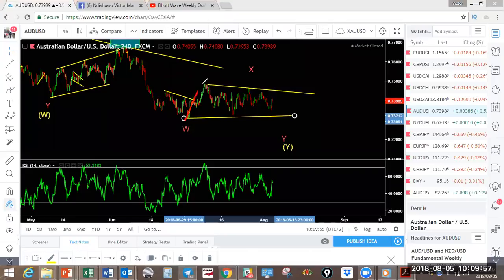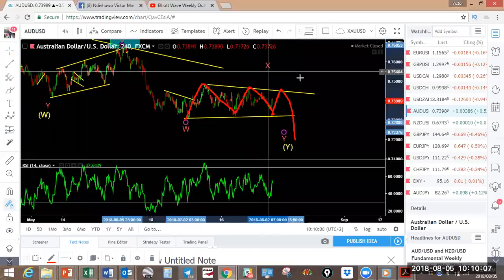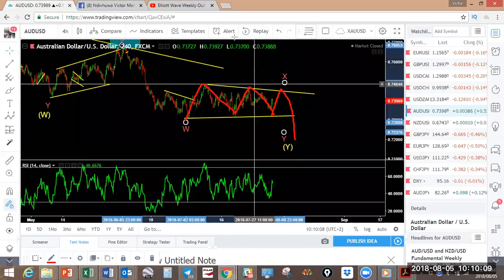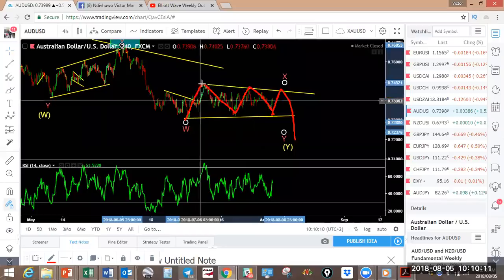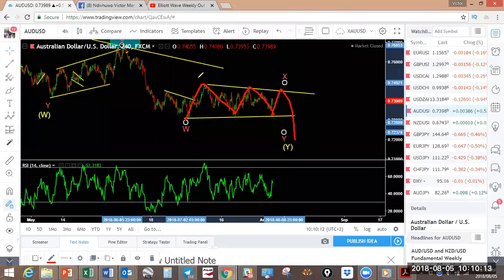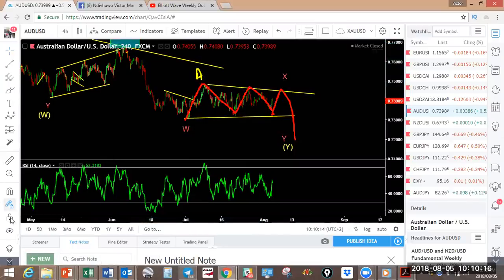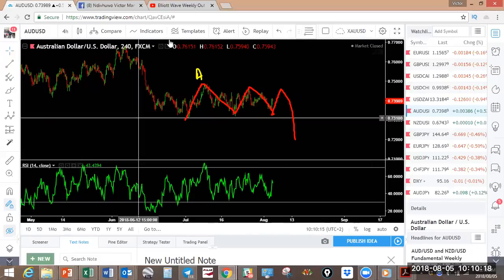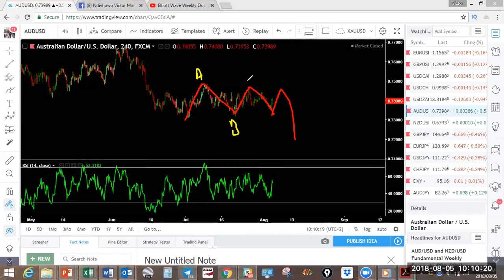If this is your triangle, this will be your A, this will be your B, C, D, A, B, C, D, E to the upside, and then continuation to the downside. And that whole thing, your whole correction, will be your X wave. So you'll be looking at this one as an A, B, C, D, E. Up and then down.